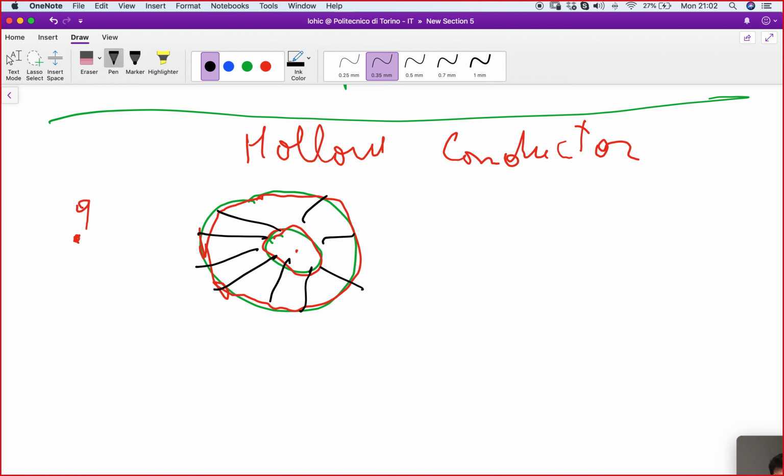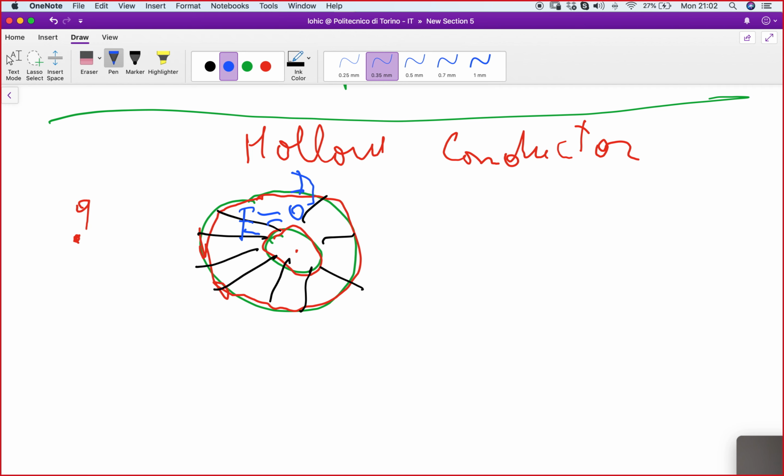So the field here in this disk will be E equal to 0, the null vector. Yes, I agree with you. But in the exercises, normally one should say, okay, when the conductor is in equilibrium. But in the course of physics 2, when you talk about conductor, we implicitly assume that the conductor is in equilibrium.